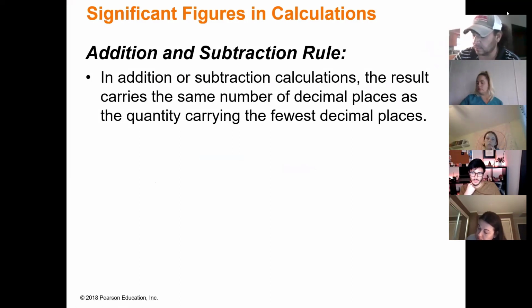In addition and subtraction, forget significant figures, just look at decimal places. The resulting answer is going to carry the same number of decimal places as the quantity that has the fewest decimal places. Okay, it's all about decimal places.